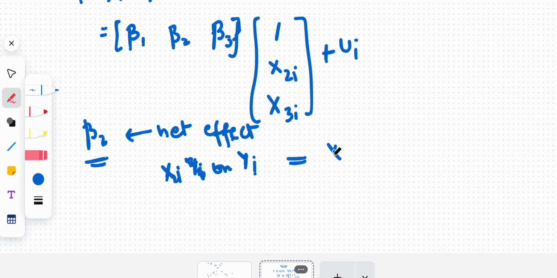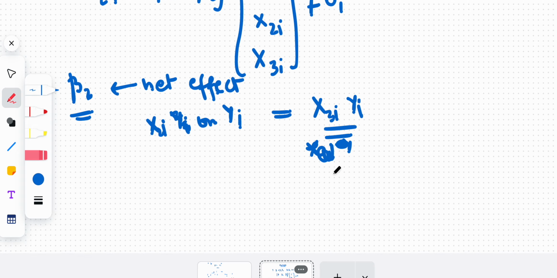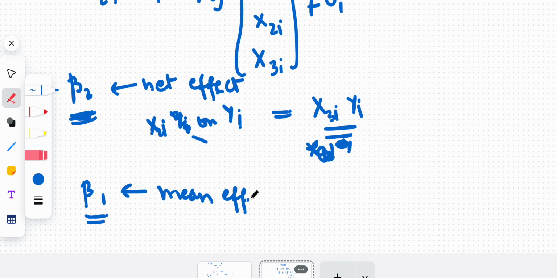That is holding any effect that x3i may have on yi constant. So it does not give you the gross effect, it gives you net effect, right? Beta 1 gives the net mean effect of all variables excluded from this model.